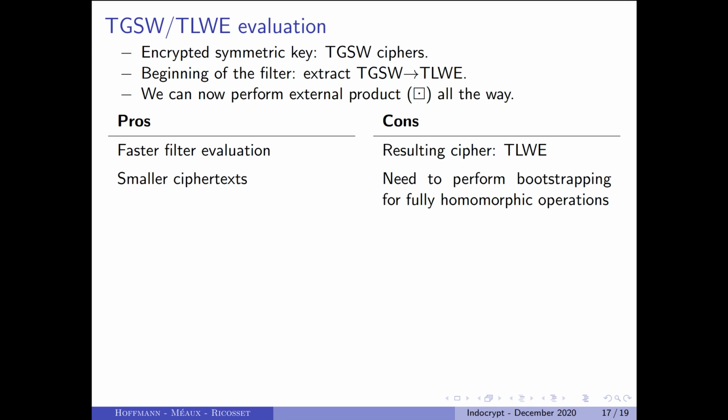It leads to a faster filter evaluation, since the external product is faster than the internal one, and smaller ciphertexts, because the ciphertexts become TLWE ones. But that's also the problem, because with a TLWE ciphertext, we cannot perform homomorphic multiplication, so the resulting homomorphic ciphertext is not totally usable by the server. It needs to perform a bootstrapping and transform it into another ciphertext to use another scheme.